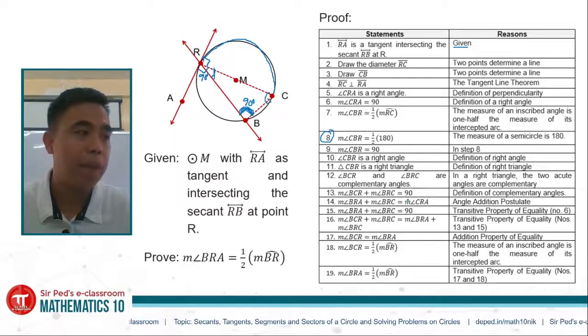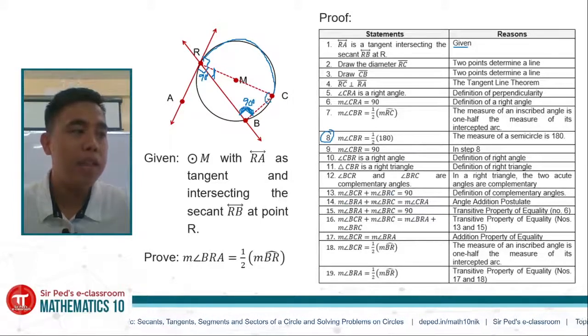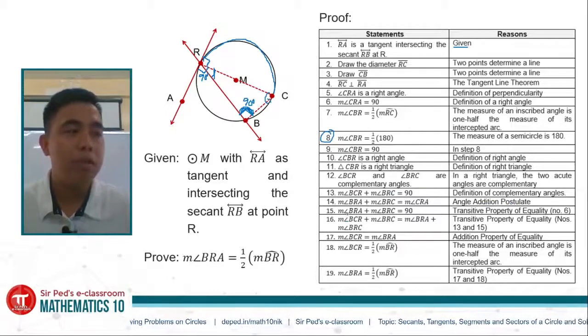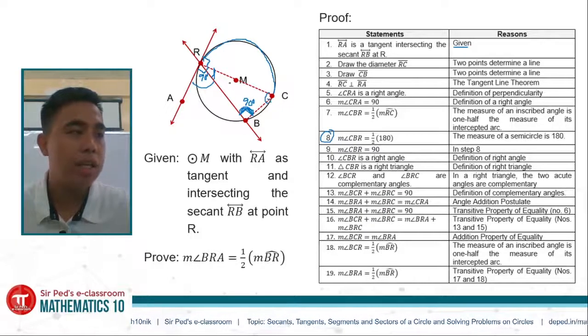Which means that the measure of angle BRA plus the measure of angle BRC is equal to 90 degrees, and it is equal to the measure of angle CRA, by the angle addition postulate. So the measure of angle BRA plus the measure of angle BRC is equal to 90.